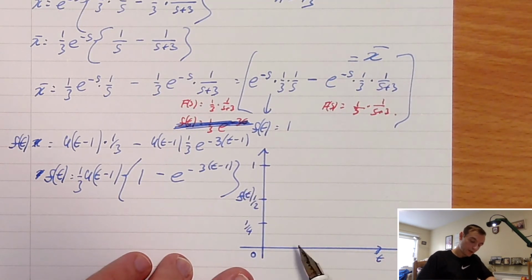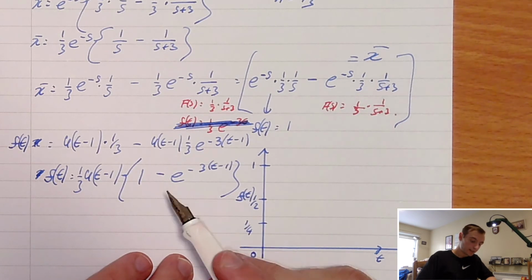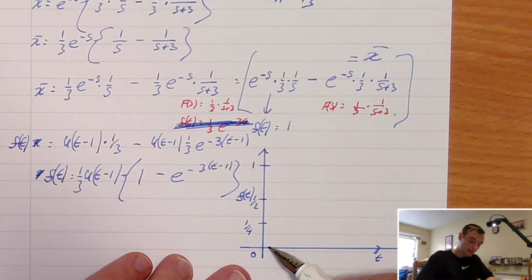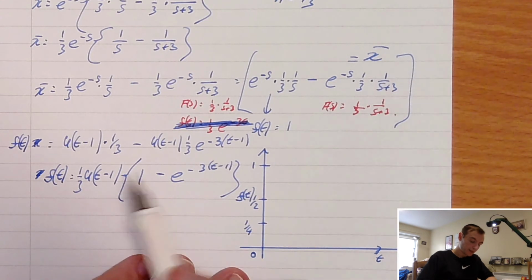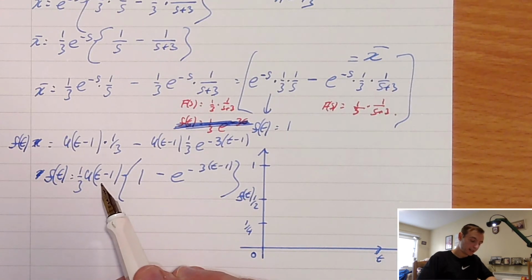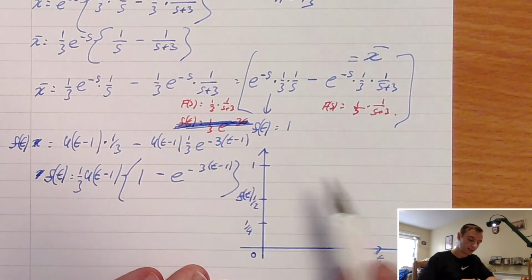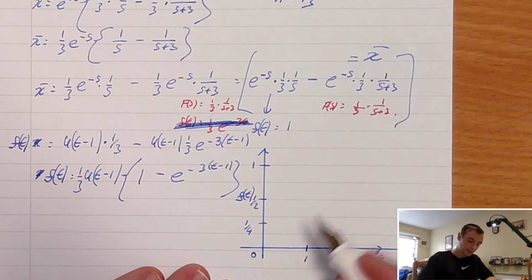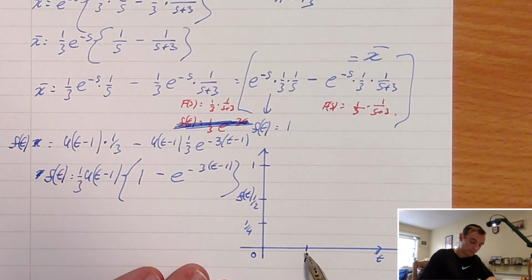Okay, so now that we've got a scale here, we can map this function as 1 minus e to the minus 3(t minus 1). So this part is saying that the function is only going to turn on when t equals 1, which is going to be, let's say 1 is over here. It's going to be 0 for everything up until 1.